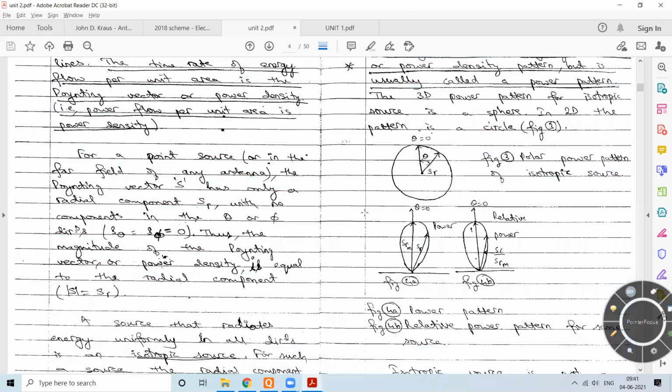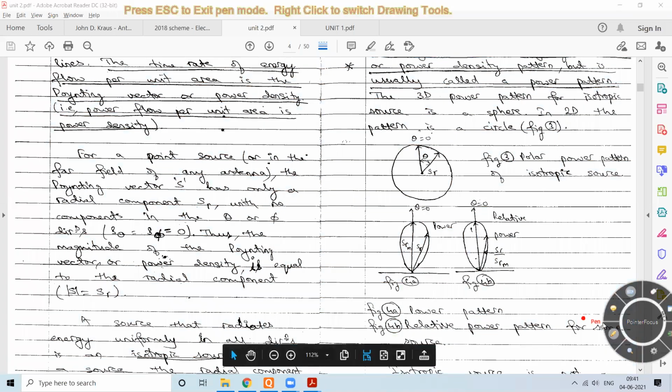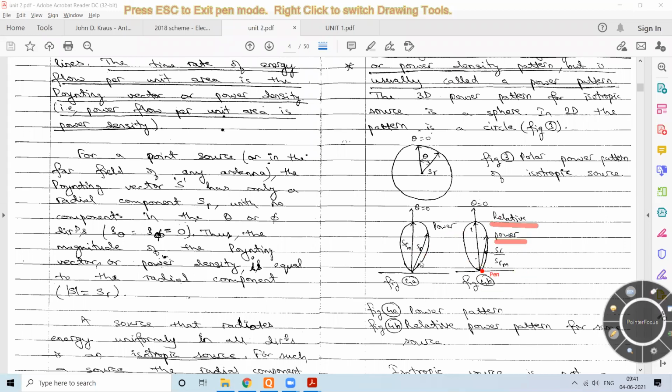I'm taking those absolute values in their SI unit form and plotting the power pattern, not altering the values. So that pattern is termed the absolute power pattern. Now, what is meant by relative power pattern?